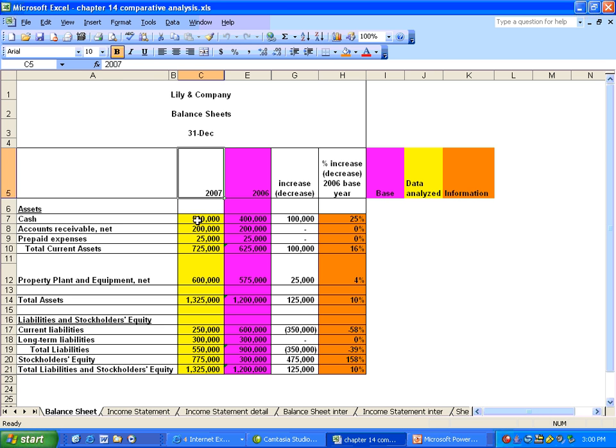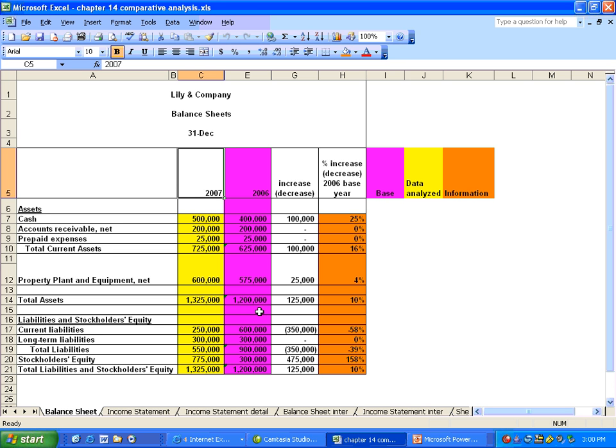So in the case of cash, where I have a $100,000 increase, I'm telling you that's a 25% increase over the base year. I could have computed that as 100% of $500,000 and said that was a 20% increase. Either one is a fair statistic, but I have to disclose. And what's important is that when we're quoting information, like saying sales went up or sales went down by a certain percentage, we're very clear of what the base year is.